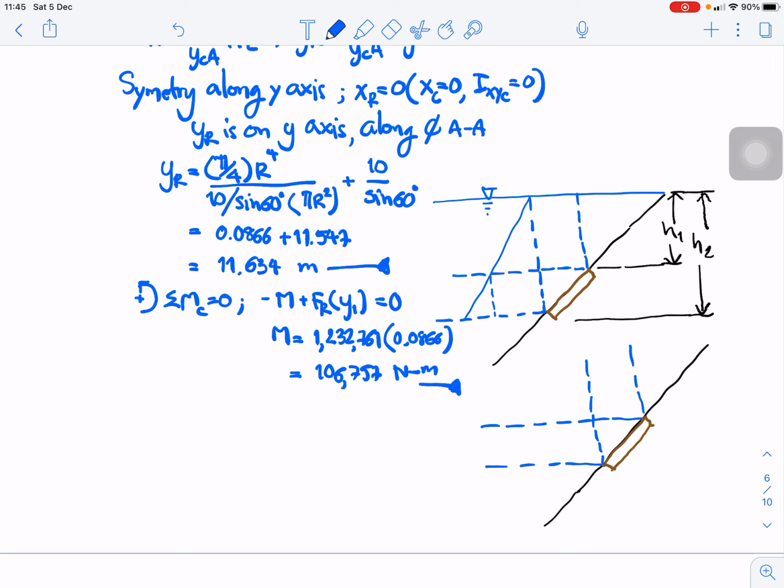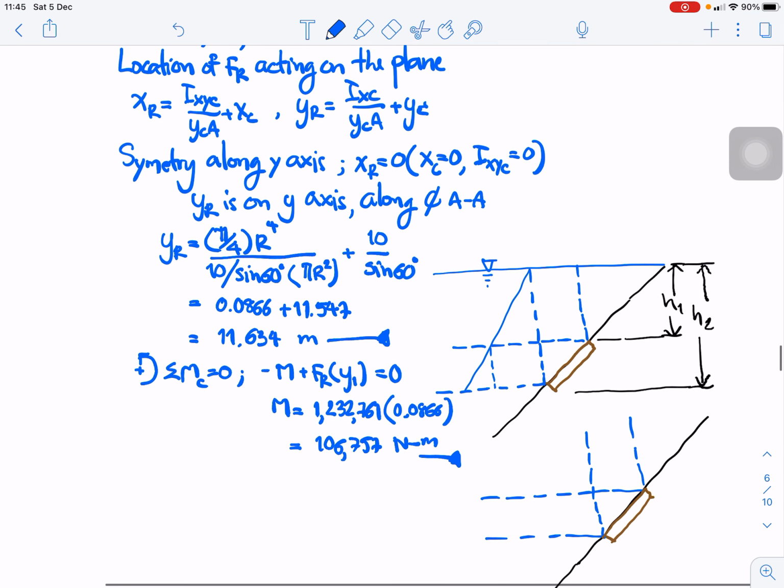The moment is about 106,000 Newton meters.